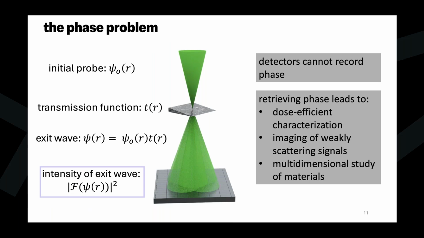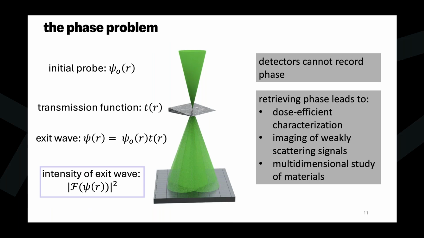Specifically for a lot of weakly scattering samples, a lot of the structural information we're after is unfortunately encoded in the phase of this transmission function, such that we have a phase modulation on our exit wave, and this is a problem for us because our detectors are recording the intensity. So this phase information is lost.